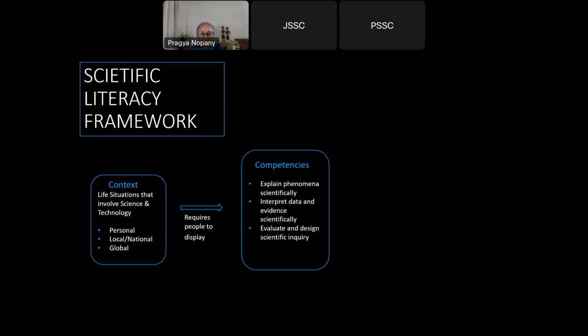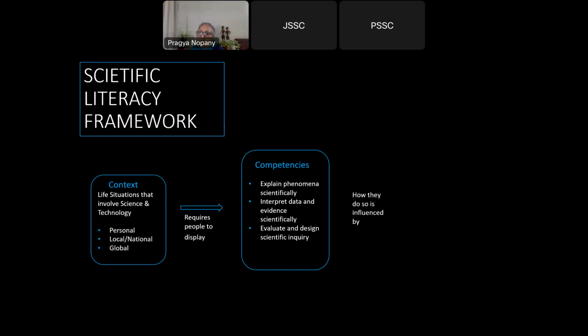We see something, we want to understand its cause, we may need to design an experiment, how we will collect data, and then we may need to look at the data, analyze and infer from there, and then evaluate whether what we thought was right or not, or whether this is useful for a particular criteria or not. So these are some of the competencies that a scientifically literate person is supposed to have, so that they can make meaning of different life situations that involve science and technology.